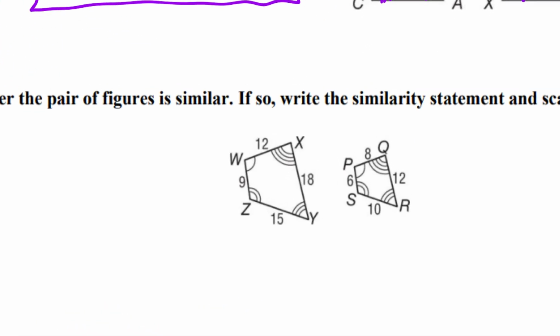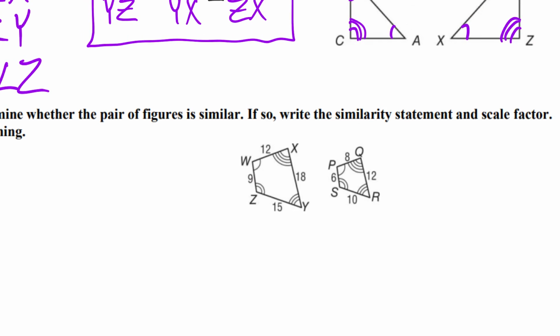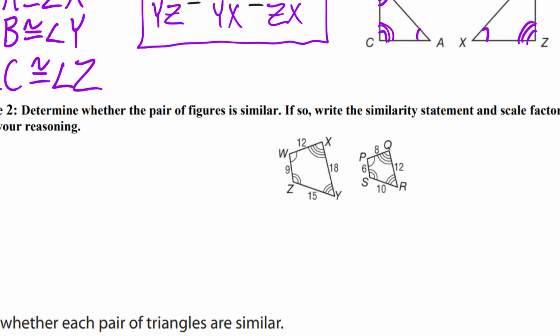Okay, so what I want to do on this one is I want to know, are those two quadrilaterals similar to each other? And so what I'm going to do is use the idea we just talked about. So the side that's 9, what side matches up to that on the other one? The side that's 6. So the side that is 9 relates to the side that's 6 in the same way that the side that is 12 relates to, which side does that match up to?